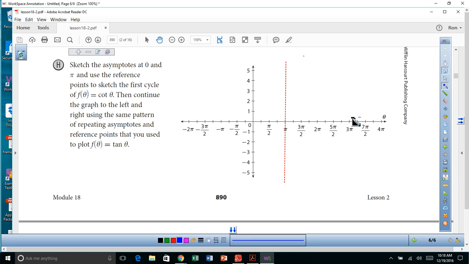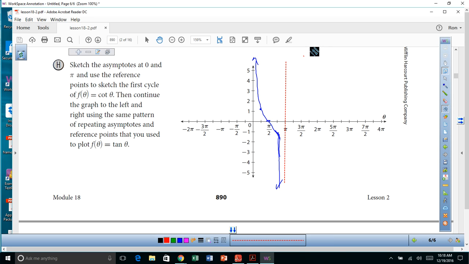At pi over 4, it was 1. So that's going to be half of that, right there. At pi over 2, it was 0. And at 3 pi over 4, it was negative 1. So it's going to graph something like this right here. A little too sharp of a curve there. It's supposed to have been smoother.